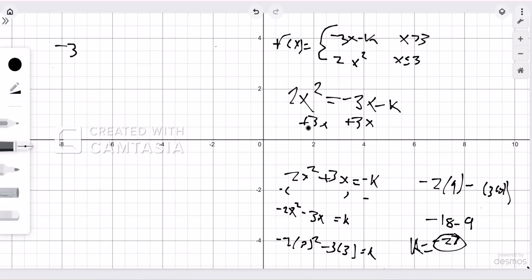So we're just going to have the piecewise function over here. So negative 3x plus 27, because when you plug in negative 27, the negative in front of it will turn positive, because again, a negative times a negative is positive.